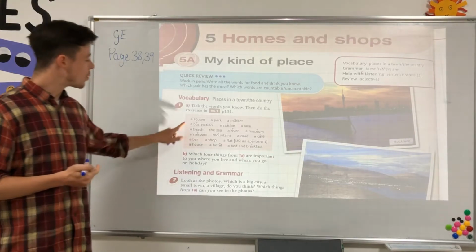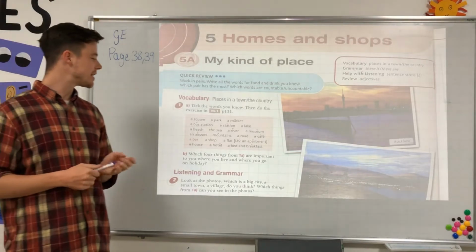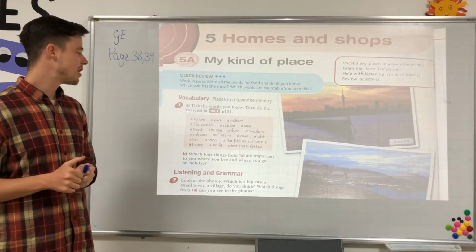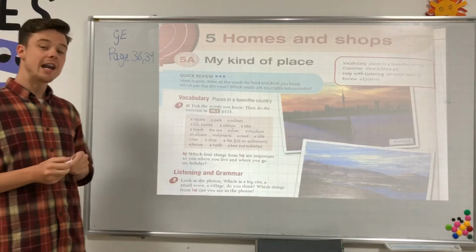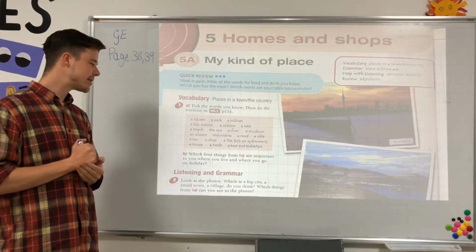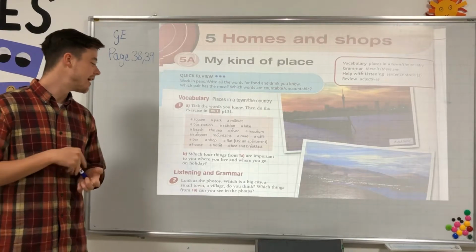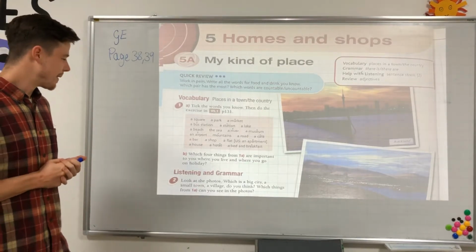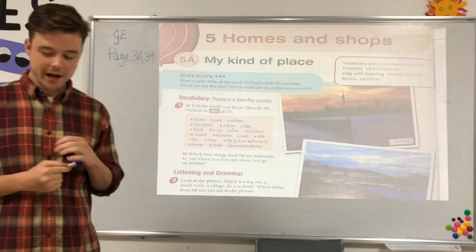So we have a square, a park, a market, bus station, station, a lake, a beach, the sea, a river, a museum, an airport, mountains, a road, a cafe, a bar, a shop, a flat or an apartment, a house, a hotel, and a bed and breakfast.